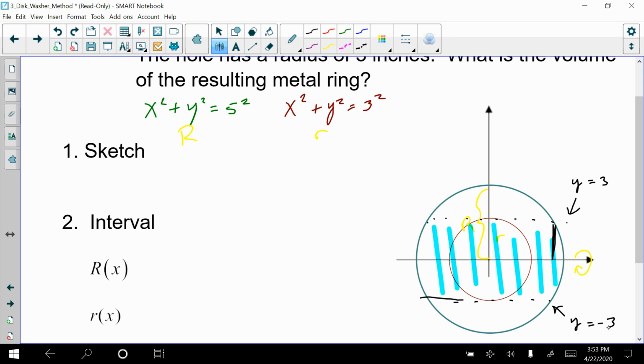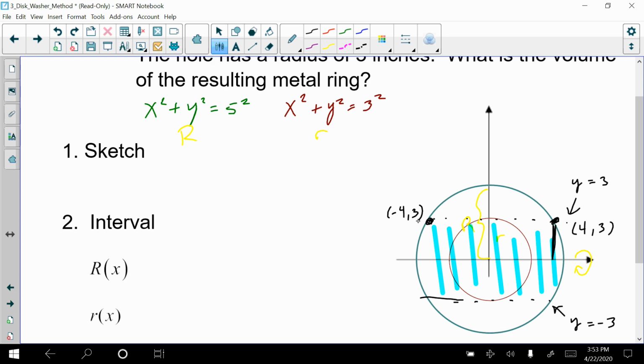Seeing when y is 3, if I solve the circle, that point right there is going to be at positive 4, positive 3.